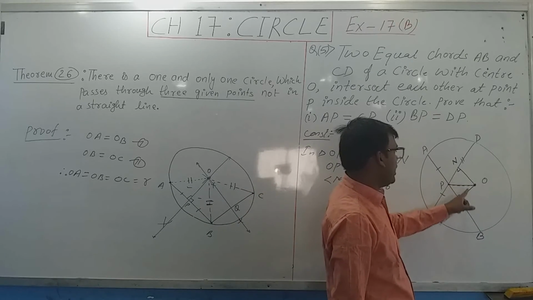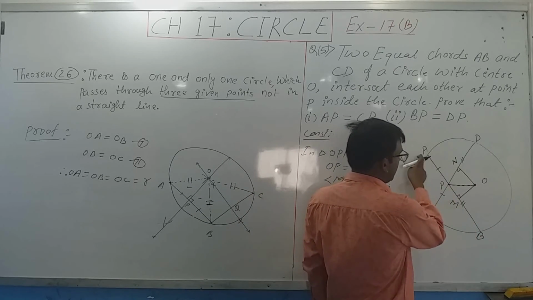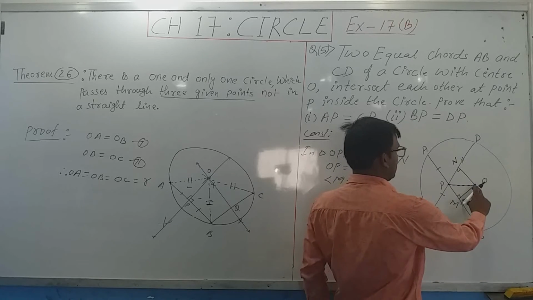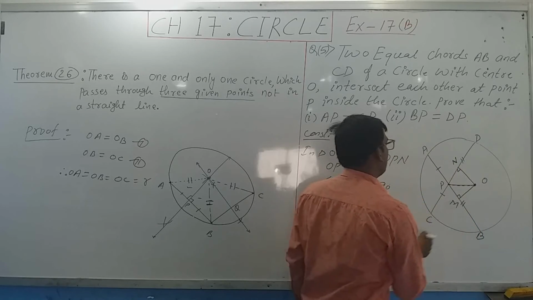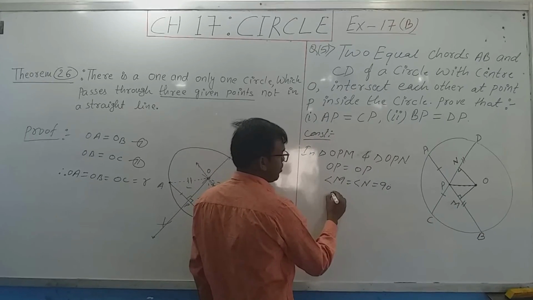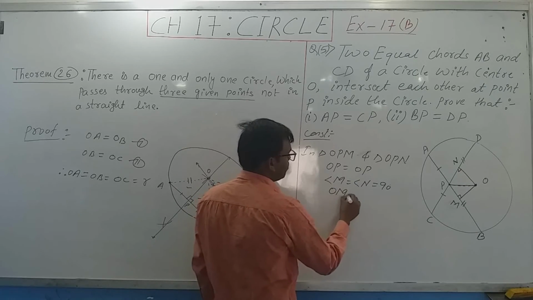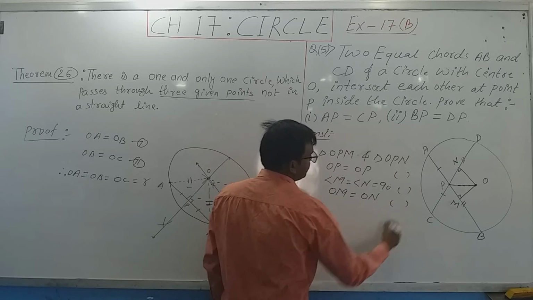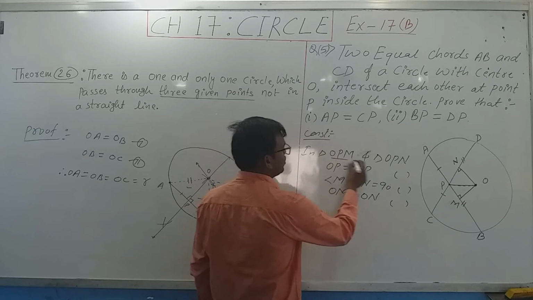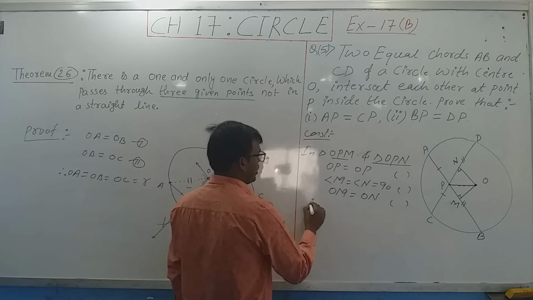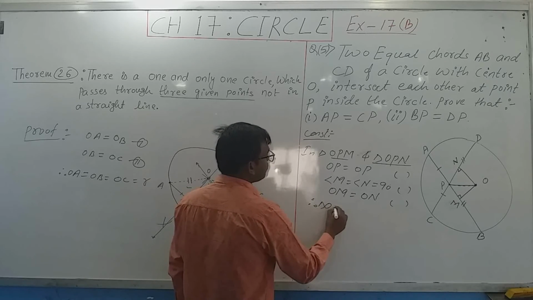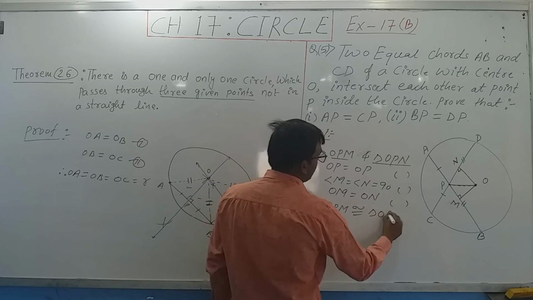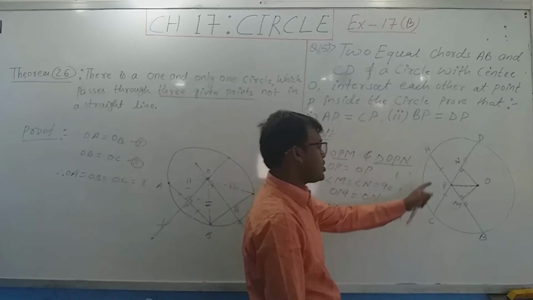Yes or no? And then you can say that since AB and CD are equal chords, OM will be equal to ON, which is equidistant from both chords. So OM is equal to ON. You must write the reason here. And then you can say that these two triangles are congruent. So therefore triangle OPM is congruent to triangle OPN by the RHS property.